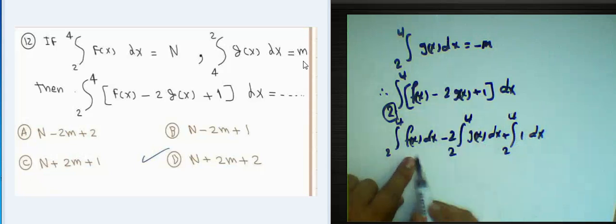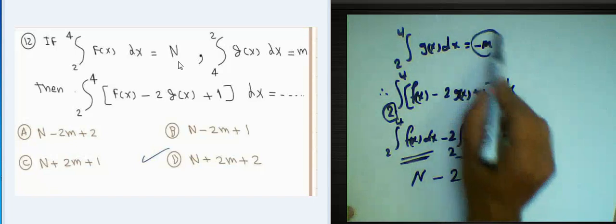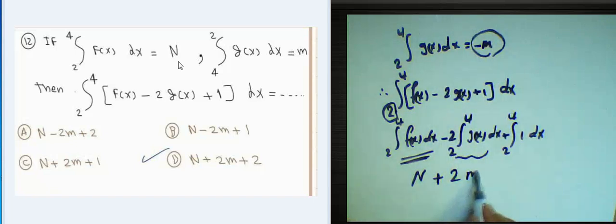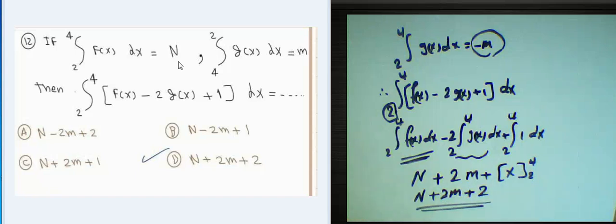The results given in this example: the left-hand side will be n, subtract 2 multiplied by this integration, which is -m, negative times negative equals positive. The integral here will be x from 2 to 4, so it will be n plus 2m plus 4 minus 2 equal 2. The result will be letter D.